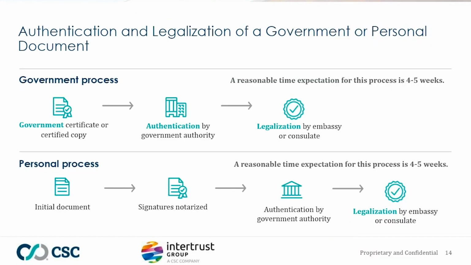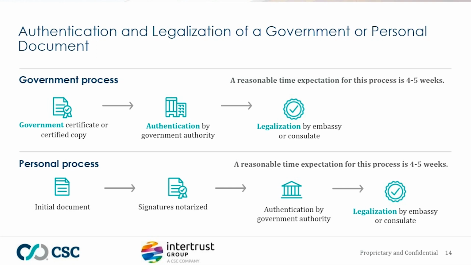The images that we see on this slide explain the authentication and legalization process for the two umbrella category types of documents: certified copies and notarized documents. Certified copies can be issued by any local or national government agency.